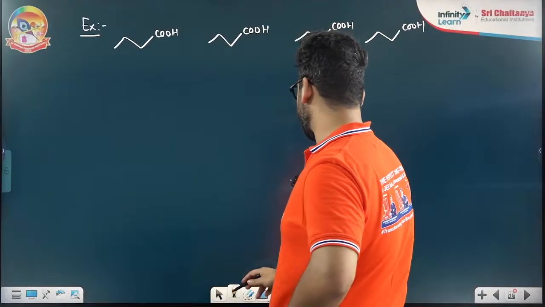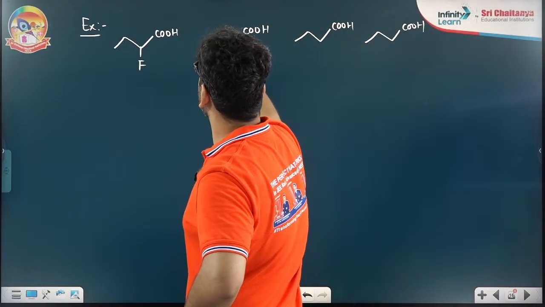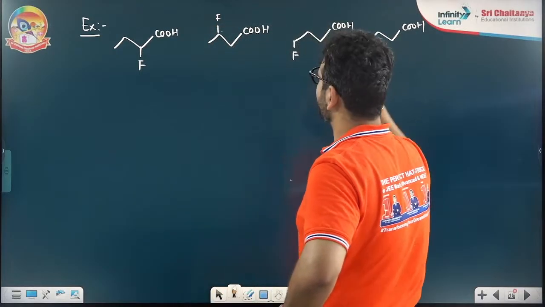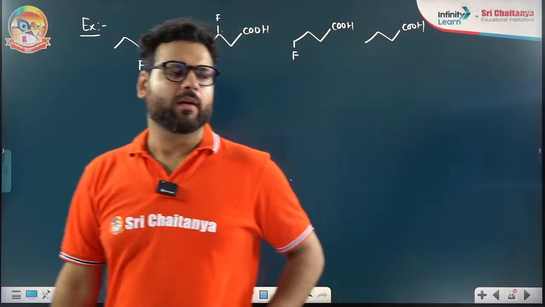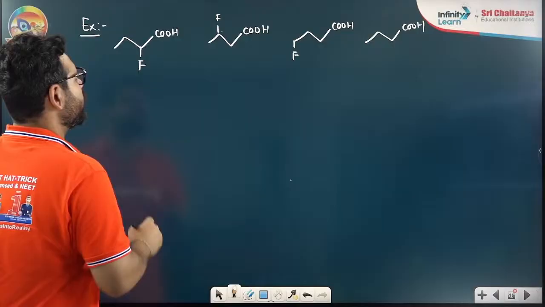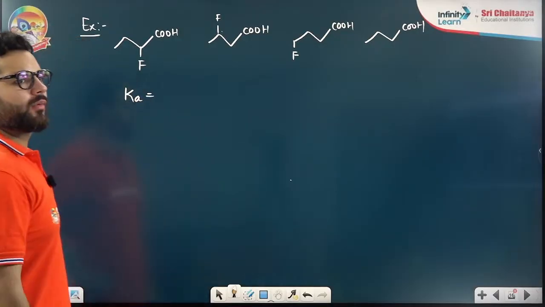These are the 4 compounds I've made. I'm putting a fluorine here, a fluorine here, a fluorine here. And here I'm not putting any fluorine. If anybody wants to answer, please reply to me. What will be the order of Ka?